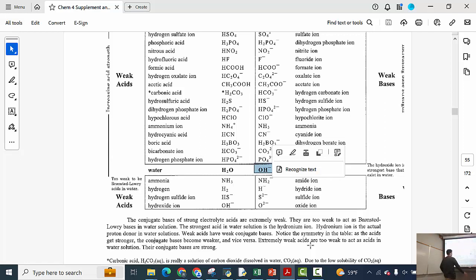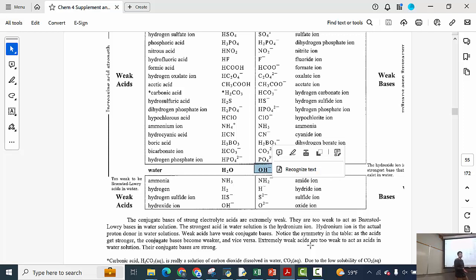This is the top of the hill. The top of the hill is the strongest bases. The strongest bases are the most reactive bases and the least stable. So sulfide is near the top. It's second from the top. And so if we're at the top of the hill, the only way we can go is down this way here. So if sulfide goes to hydroxide, that's downhill.